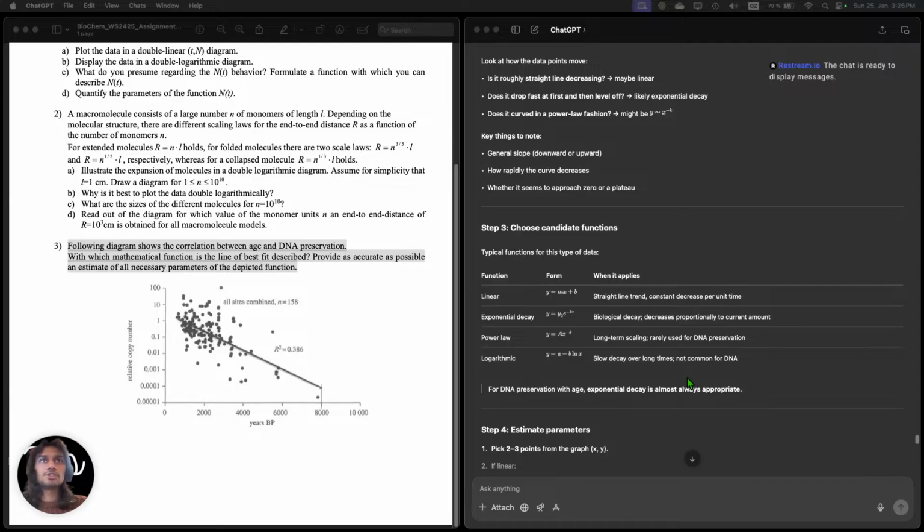For DNA preservation with age gap, exponential decay is always appropriate.